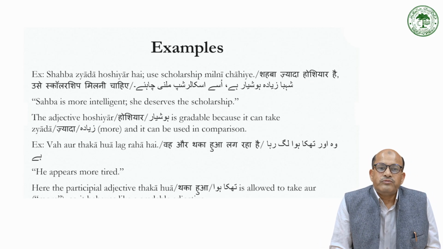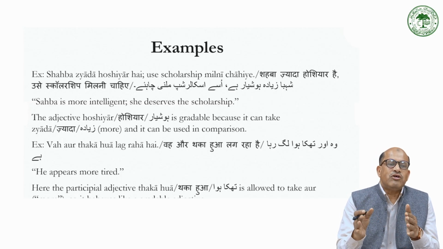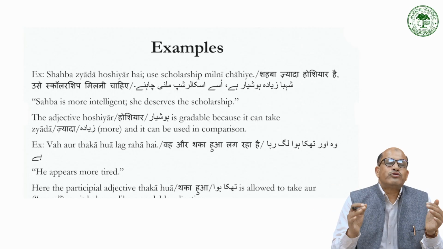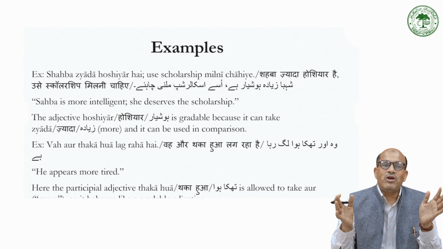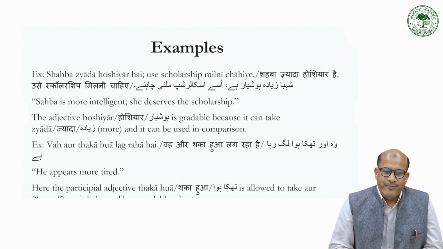शहबा ज्यादा होशियार है, उसे स्कॉलरशिप मिलनी चाहिए. So Shahba is more intelligent, she deserves the scholarship. The adjective होशियार is gradable because it can take ज़्यादा and it can be used in comparison. So ज़्यादा होशियार, कम होशियार, सबसे होशियार. So we call it gradable. Then वह और थका हुआ लग रहा है.